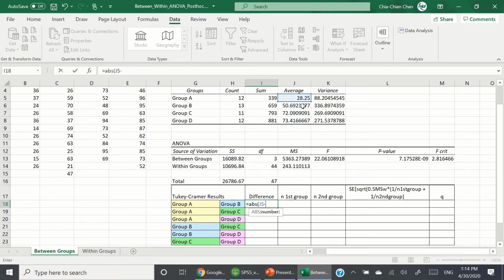minus group B. Okay, and then we'll just do the same thing for group A versus group C, which is in this case, right?